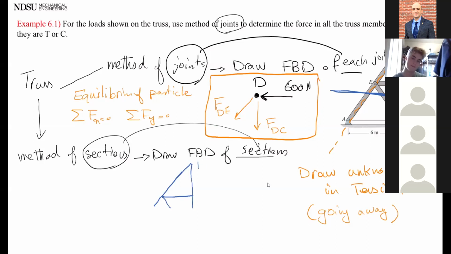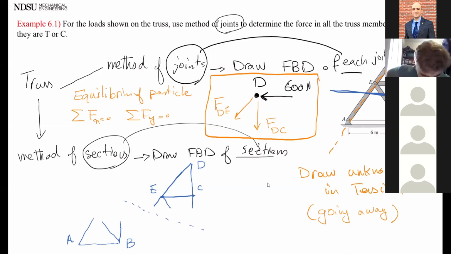Okay, this is my D, C, E, and this is my cut, and then I have another one like that. Okay, I'm just gonna connect these together. A, B. All right.